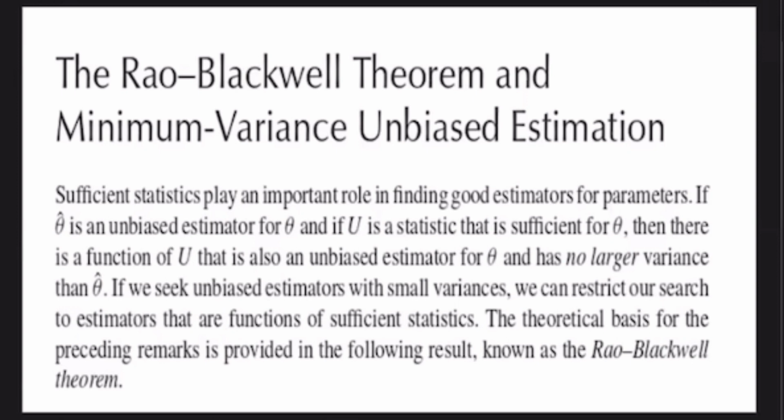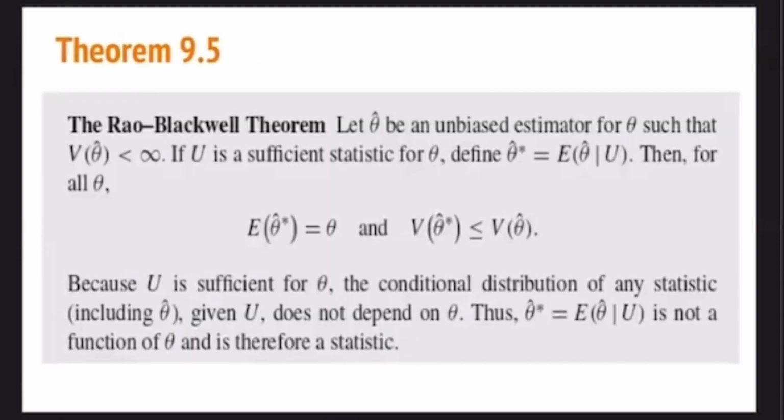Let me show you the mathematical statement. Please, I need you to pay attention to this. Let theta cap be an unbiased estimator for theta, such that the variance of theta cap exists and is finite.